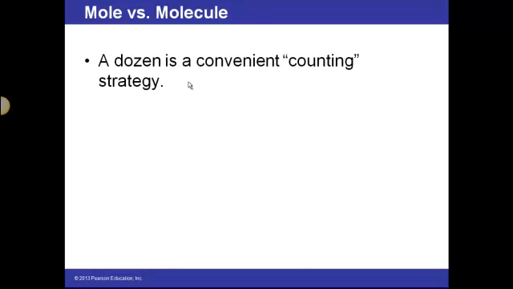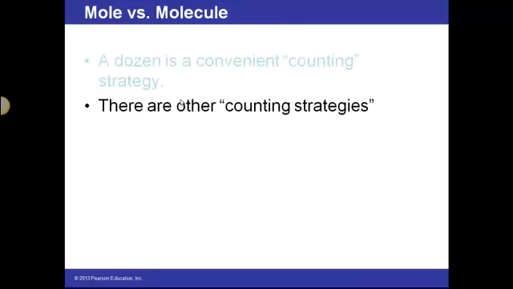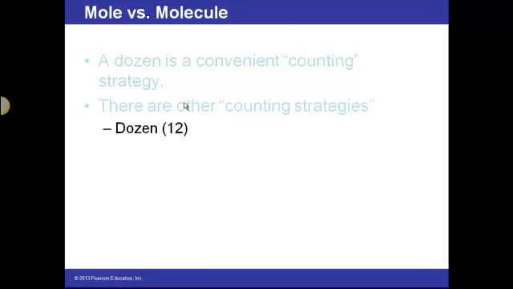A dozen represents a convenient counting strategy for things like eggs or donuts. For chemists, the mole gives us a quantity of different compounds that is also very useful and converts to gram weights that are very possible and easy to measure inside the lab. So the mole is the counting strategy, essentially, of chemistry.